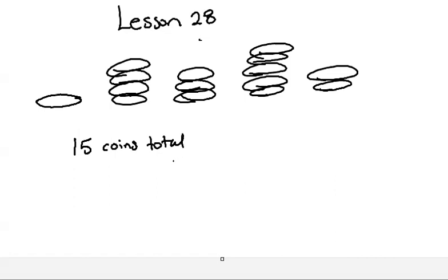If we made the stacks all the same size, let's move this one down here, and this one down here, and then 1 back over here, and maybe 1 over here. So if we did that, we would have 2 original, and we've moved 1 more.